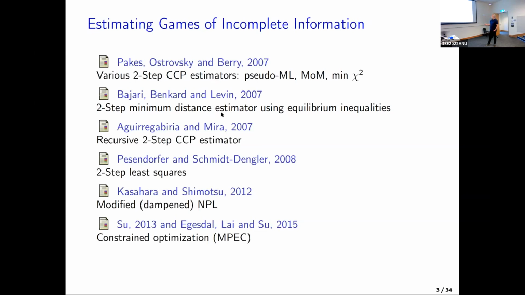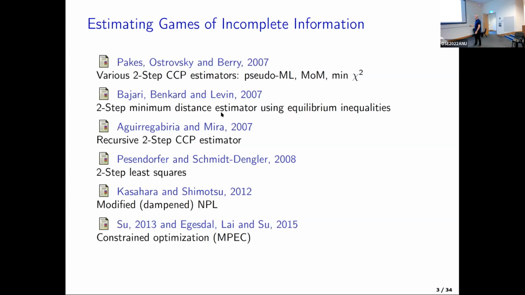We talked earlier this week about Aguirregabiria and Mira's NPL estimator for estimation of dynamic games, where you start by estimating the CCPs from the data, and then you estimate the structural parameters given these CCPs. That in turn implies new conditional choice probabilities, and then you just use those as starting values for another two-step estimate, okay?